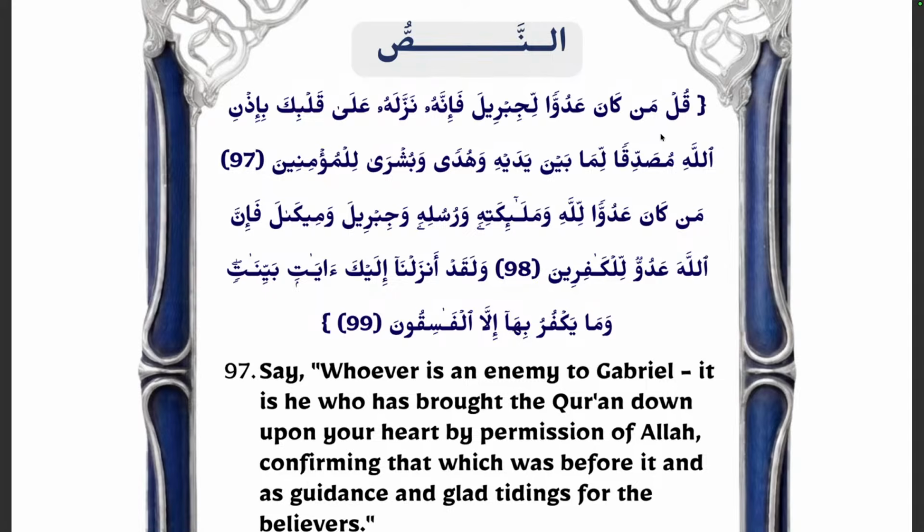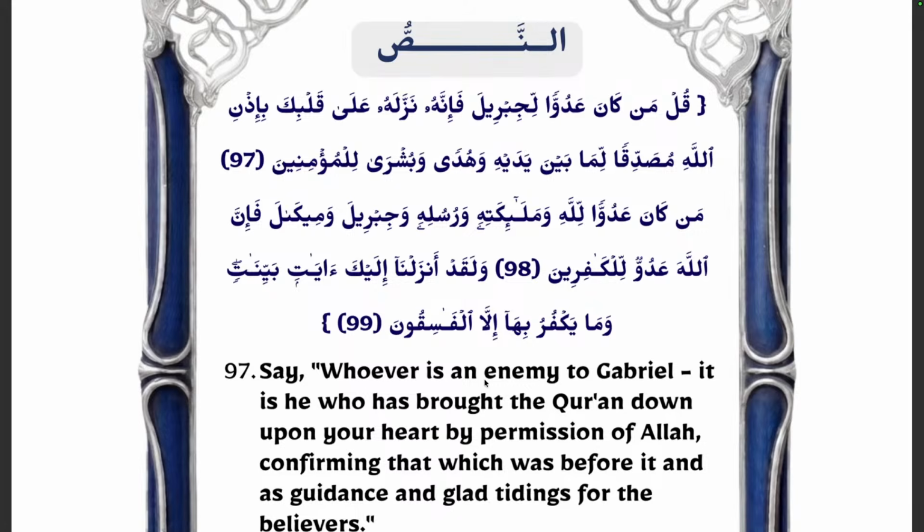Remember we said, Man kana aduwan li Jibril, whoever was an enemy to Jibril. And we say, it means whoever is an enemy. Now we understand why. Because Allah is not going to punish you if you was an enemy and you cease to be an enemy. You accept Islam and no longer an enemy. Right?